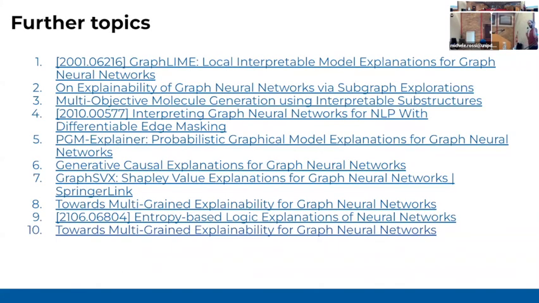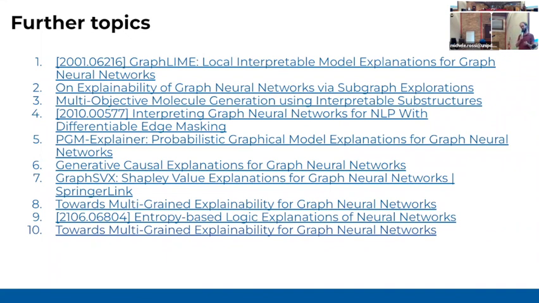And here's a sort of random list of interesting papers. They almost all came out very, very recently. So this is really a field that was born a couple of years ago. But if you're curious, if you know LIME, there is a graph variant of LIME that you can try to apply. There is a small amount of work that tries to find different subgraphs that generalize across different graphs.